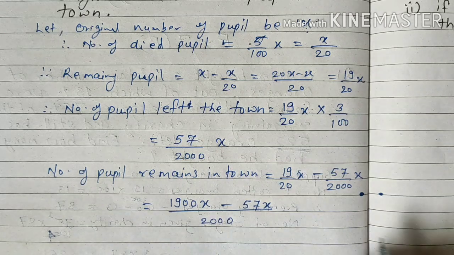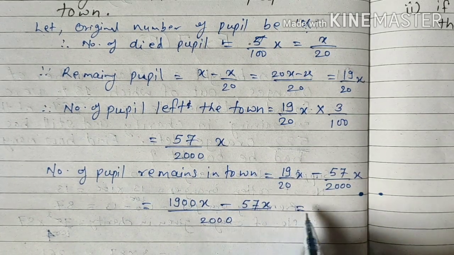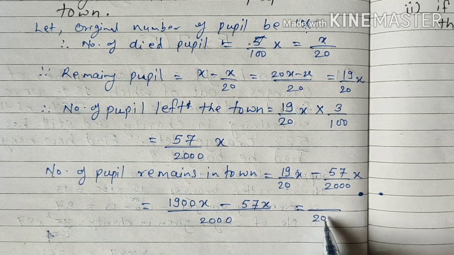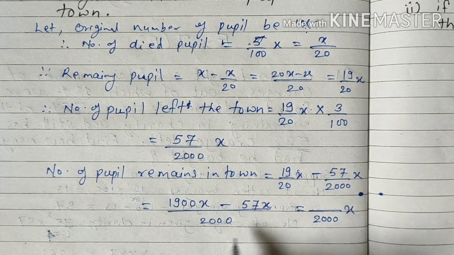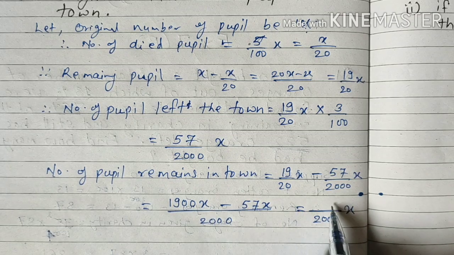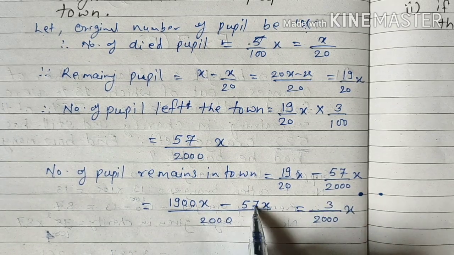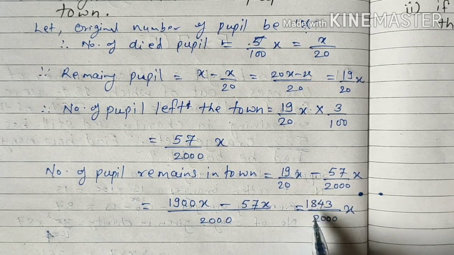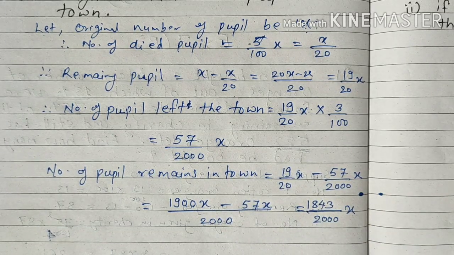Got it? So subtraction of these two values: 2000 remains as it is, X is here, 1900 minus 57, so 10 minus 7 is 3, 9 minus 5 is 4, it becomes 8, 1843 upon 2000 X.